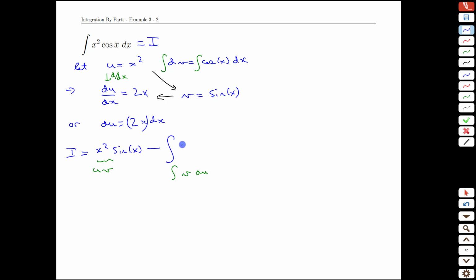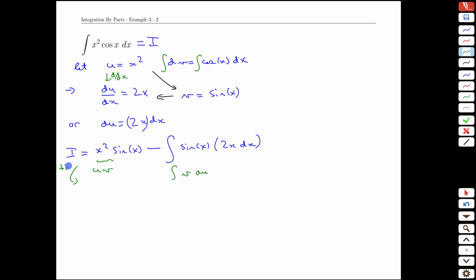And that is v, sine of x, and du is 2x dx. Notice there's always, with the integrals, d's, and once we get to regular expressions with no integrals, there's no d anything in these expressions.